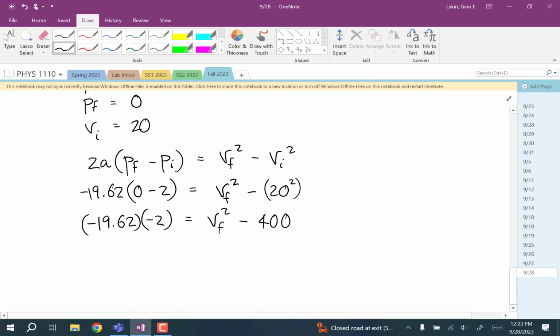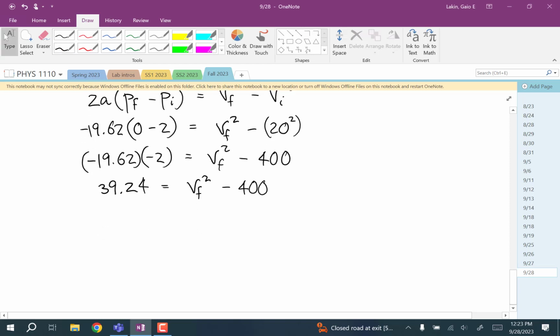Multiply these together and you get a positive 39.24. Add 400 to both sides, and I'm going to switch sides of these things, but we get VF squared is equal to positive 439.24.